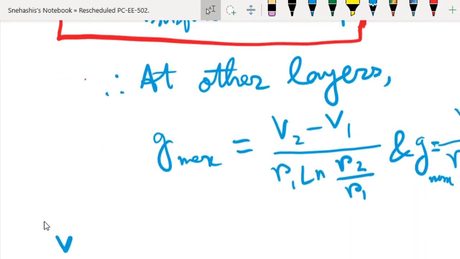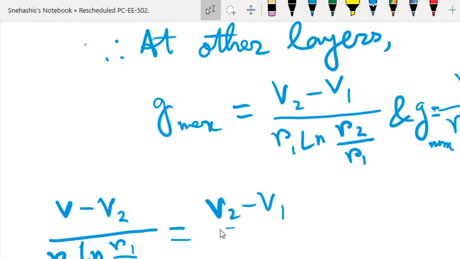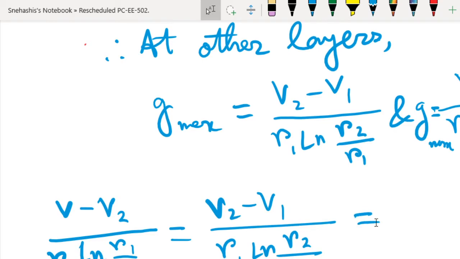So we can write that V minus V2 by R ln R1 by R equal to V2 minus V1 by R1 ln R2 by R1 equal to V1 by R2 ln capital R by small r2.